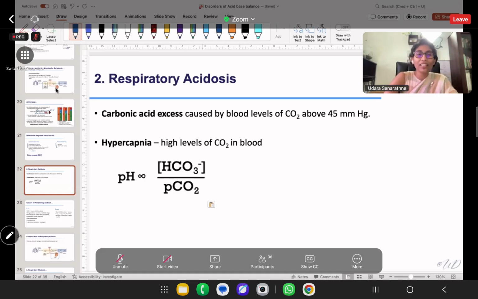If the carbon dioxide is increasing, what is going to happen? pH should be decreasing. Why? It is indirectly proportional. You're going to add acid, so pH should be decreasing, and that will lead to respiratory acidosis.